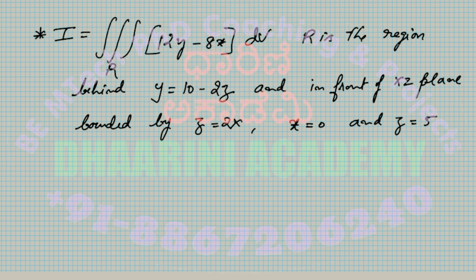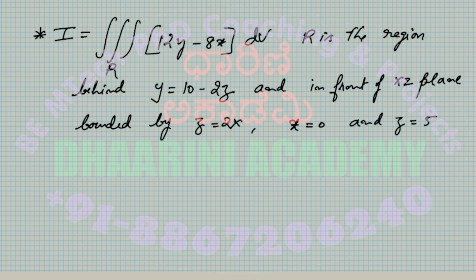Let's try to draw the easiest part, by looking at the given data. It says that in front of the xz plane, so behind this there is a plane y equal to 10 minus 2z. It's behind that. It should be the region which we are looking at now, in front of the xz plane.